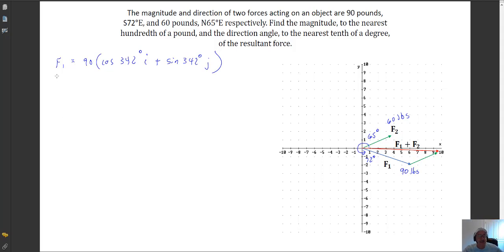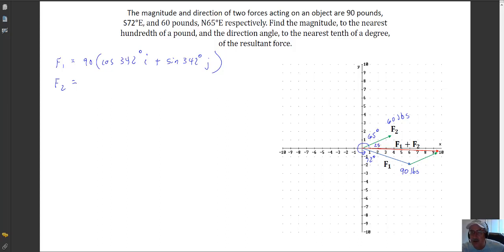Now the second vector, again, be careful. F2 here. Notice that they gave us this bearing north 65 degrees east, but that's not the angle we need either. We need this angle in here to write this F2 vector. All right, so it's going to be 90 minus 65.